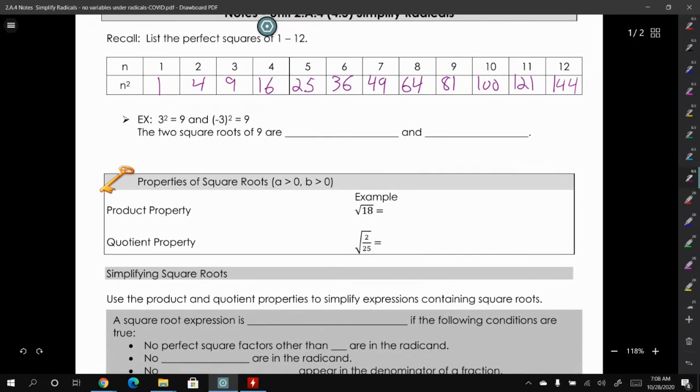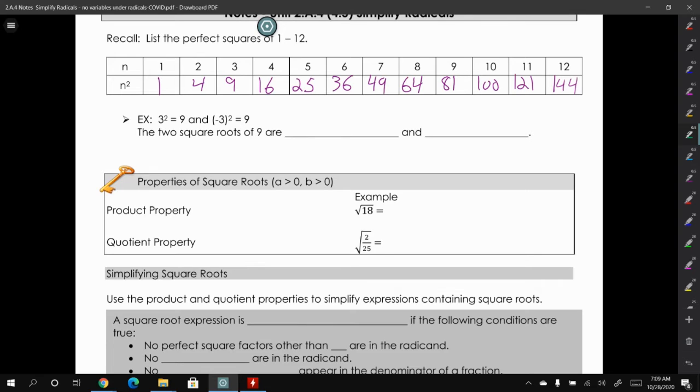Now, when we are talking about perfect squares, it is also important to realize what that means in reverse. So yes, we know that the square root of 9 is 3, and that 3 to the second power, or 3 times 3, is 9. But we also have to think about negative 3.